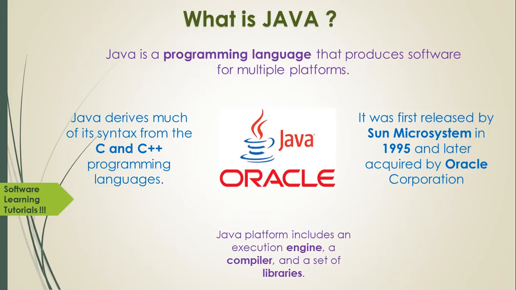So as you can see on the screen, Java is the programming language that produces software for multiple platforms. At the time of learning, you must have seen the architecture of Java. I am not going into depth on the architecture of Java, because that will not be very helpful for us.